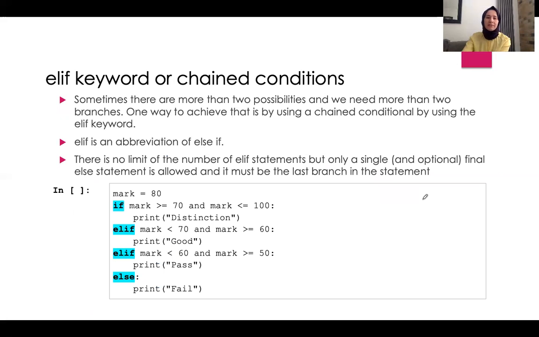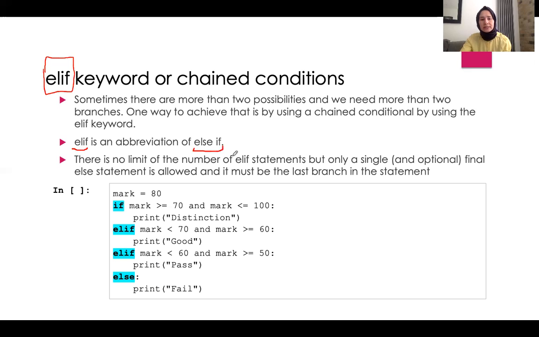And also we have the elif keyword, and we use the elif keyword when we want to do some chained conditions. In some conditions, there are more than two possibilities, and we need more than two branches. And one way to do this is by using a chained conditional, by using the elif keyword. And elif basically is an abbreviation of else if.